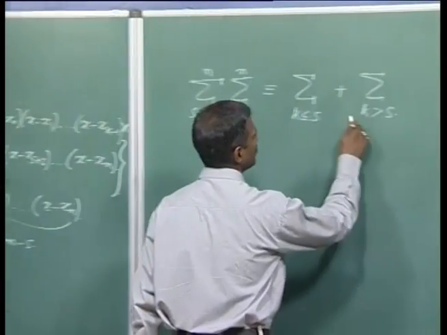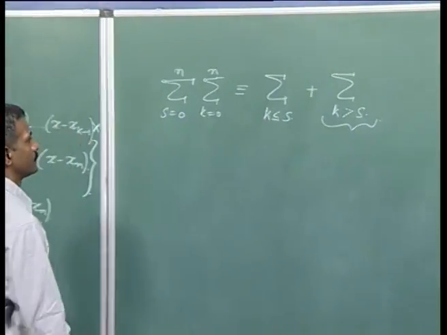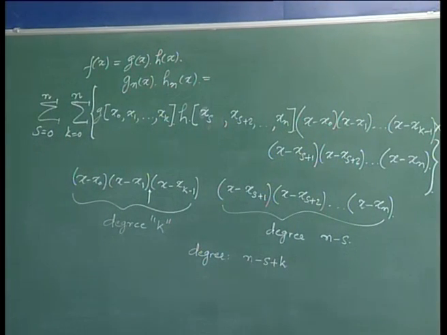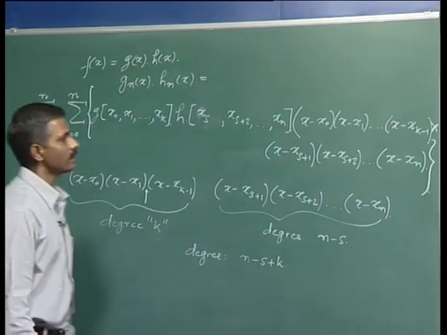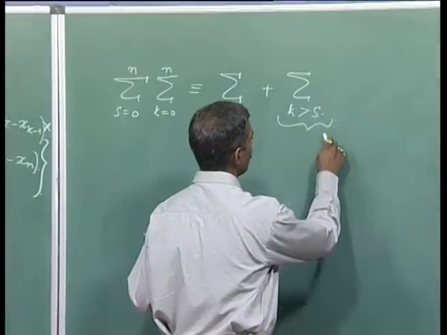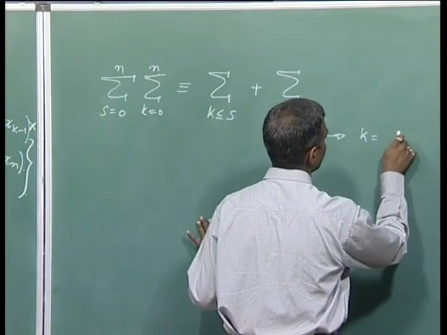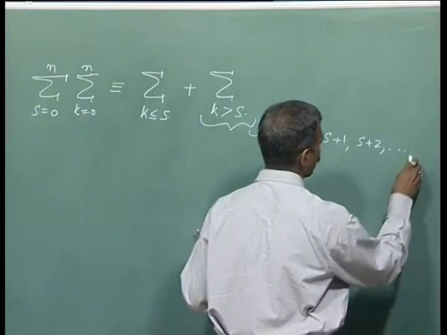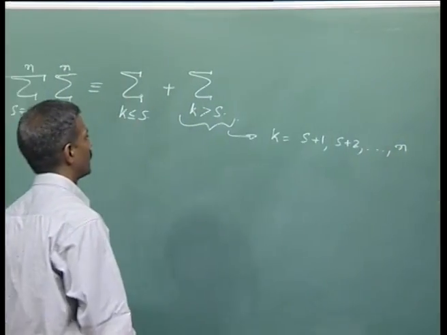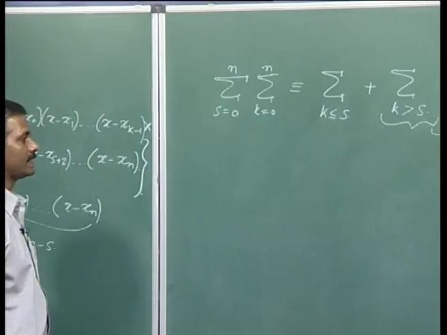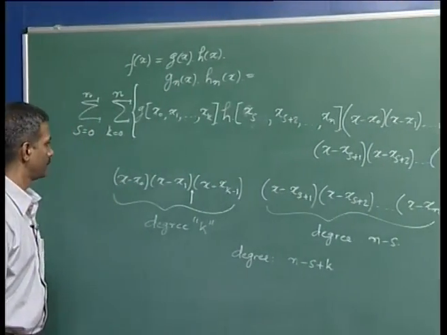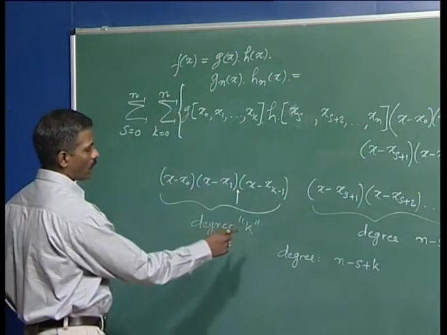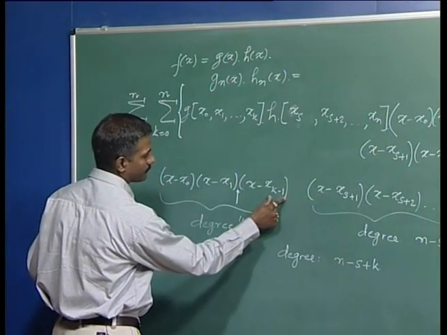Let's take this case first, k greater than s. So here k can assume values s plus 1, s plus 2, and so on up till n. Remember, the maximum value of k is n. Now concentrate on this part here.